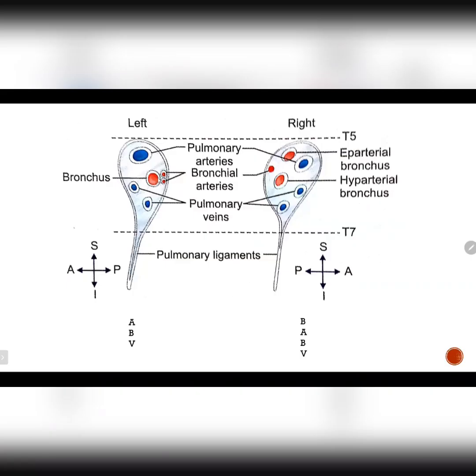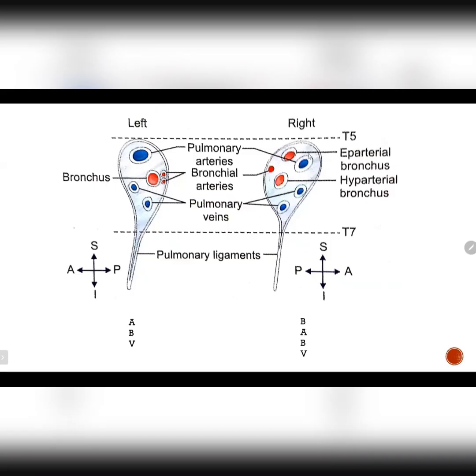So anterior to posterior also, we follow the same code A, B, and V. And this V, we actually refer to the inferior pulmonary vein. So we'll just look at it anterior to posterior. First comes pulmonary artery, then the bronchus, and posterior most is the pulmonary vein.